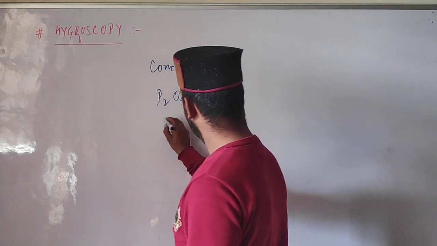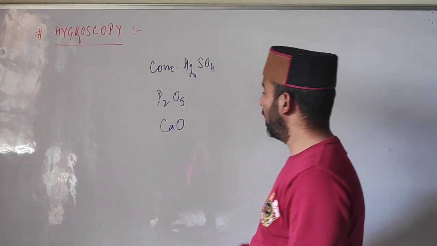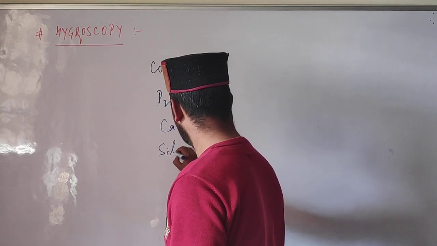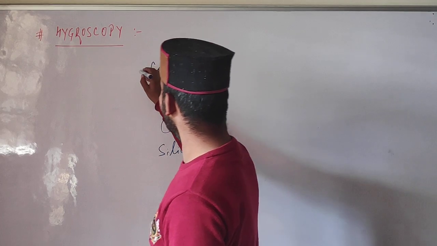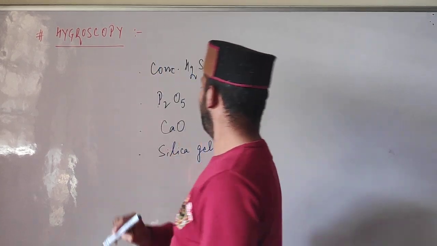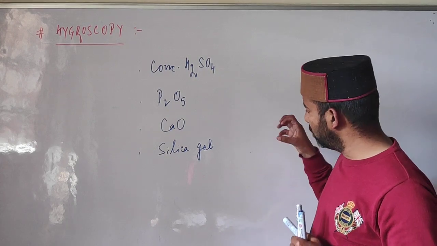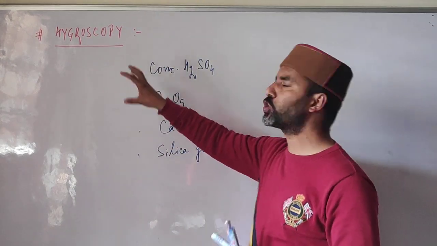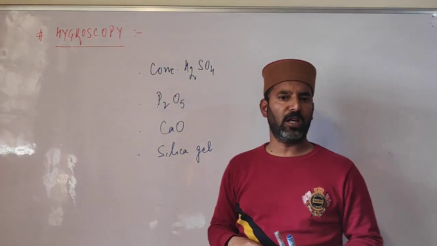Then we have quicklime, which is calcium oxide. Then we have silica gel, which is also a hygroscopic substance. So all these substances have the property to absorb moisture from the air, and this property is called hygroscopy, and these substances are called hygroscopic substances.